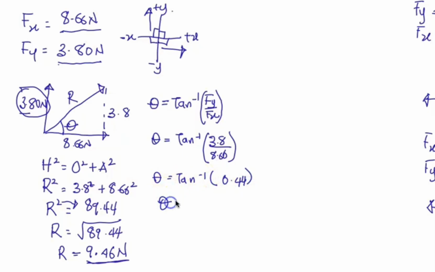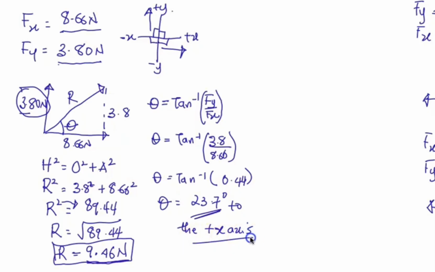When you take the tan inverse, you are going to have 23.7 degrees. So this is the direction. Therefore, in magnitude, it is 9.46 Newton, and the direction is 23.7 degrees to the positive x-axis. Very important, to the positive x-axis. So we have it in magnitude and in direction.